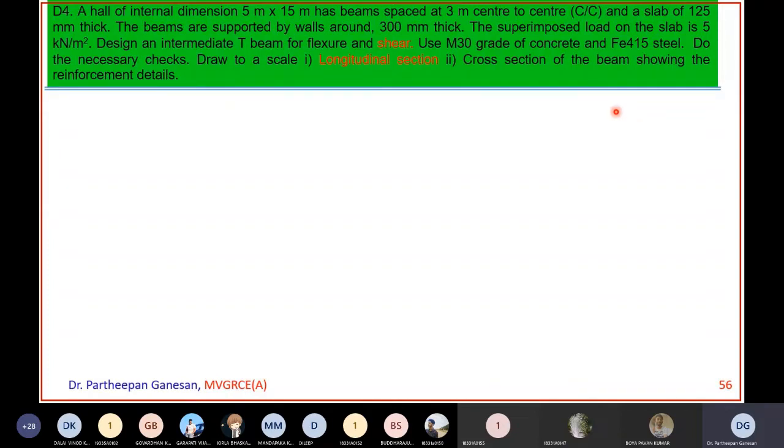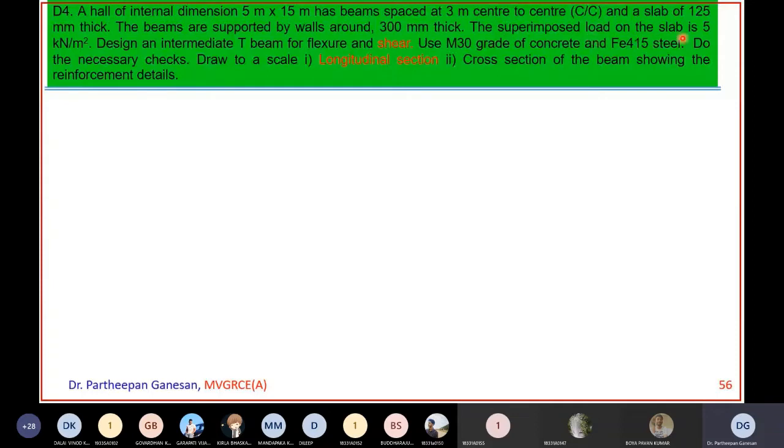And it has beams spaced at 3 meter center to center, and it has a slab of 125 millimeter thick. The beams are supported by walls around 300 mm thick. So the beams are resting on the brick wall of 300 mm thick. The superimposed load and live load are one and the same for all practical purposes.